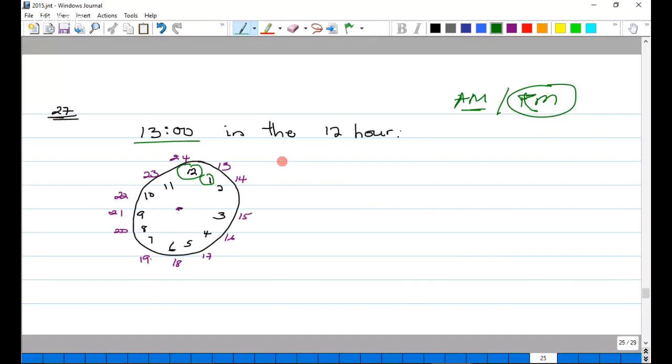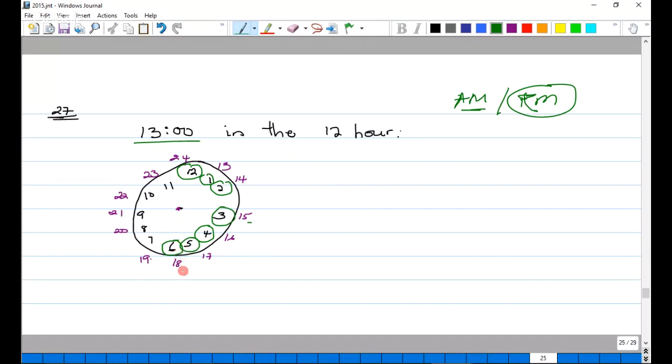All right. So what would 2 o'clock be in 24-hour time? 2 p.m., 1,400 hours. And 3 p.m. would be what? 1,500 hours. And 4 p.m. would be? 1,600 hours. 5 p.m. would be? 1,700 hours, or in the army time.